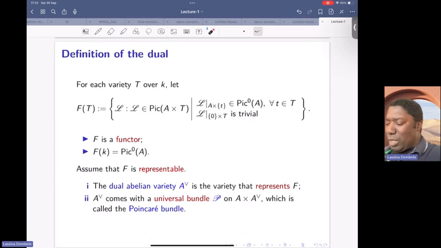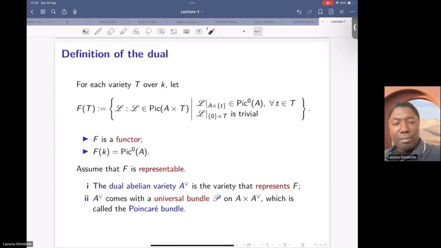The key thing that I'm going to do here is to assume that this F is representable. And if you accept that F is representable, then the abelian variety which represents F is what we call the dual abelian variety of A. So the dual abelian variety of A is the abelian variety which represents this functor that we just described.